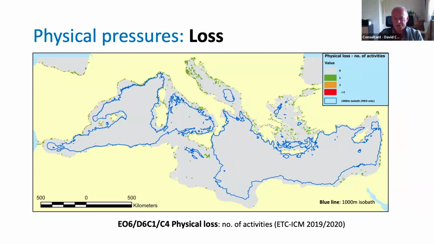If you can imagine the building of a port or an offshore structure, an offshore oil and gas rig, you lose the seabed, but the footprint is rather small in comparison to the physical disturbance aspect. So here the physical loss is scattered right throughout the Mediterranean, but with relatively small footprint.